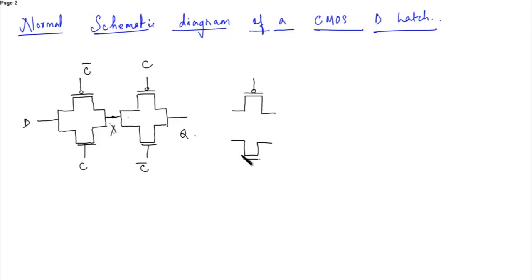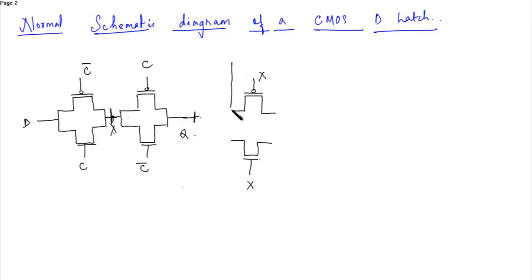So this is the gate. From the gate, input was given. This is X. From this position up to this, we had two inverters present over here that we are drawing here. This is X and X.